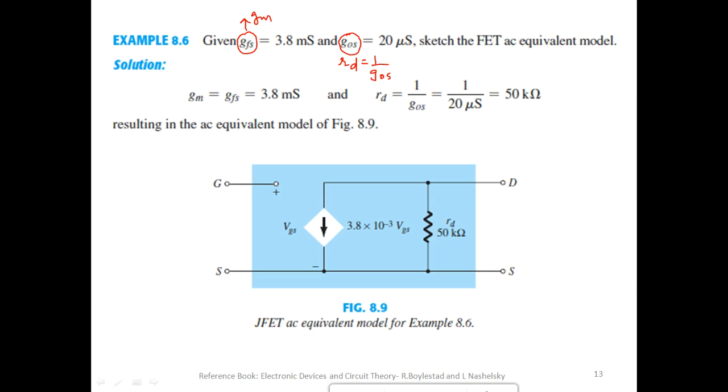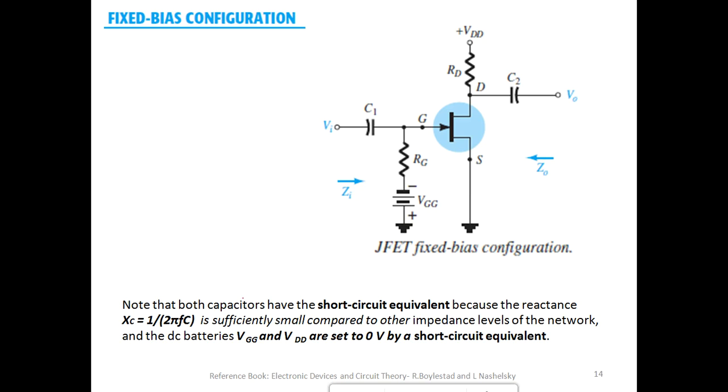So with these two values, you are supposed to sketch the FET AC equivalent model. So it's a simple substitution problem. Find the GM value and find the RD value and then just substitute it in place of the circuit. Okay, so with this, let us move forward and try to understand.